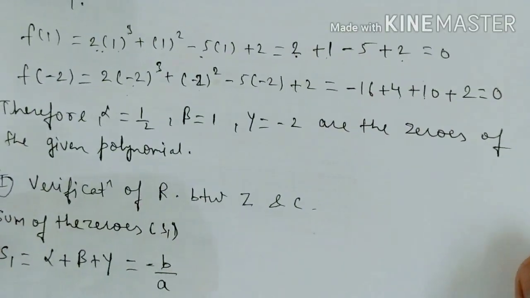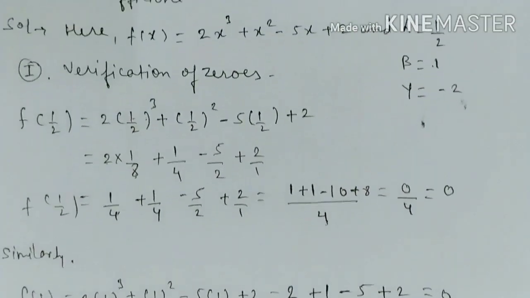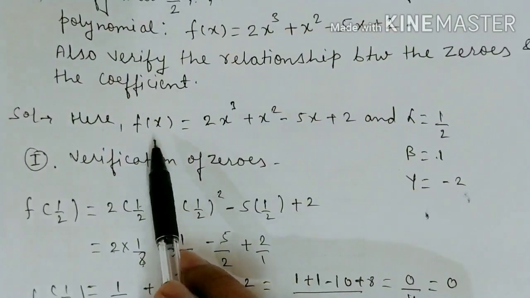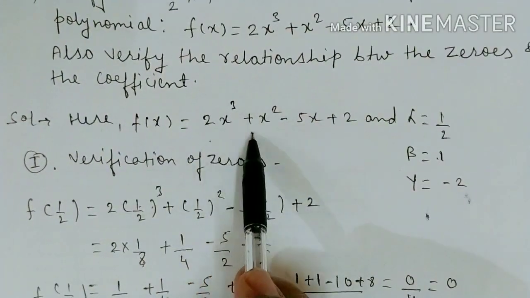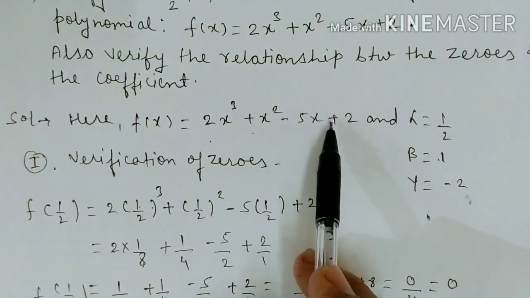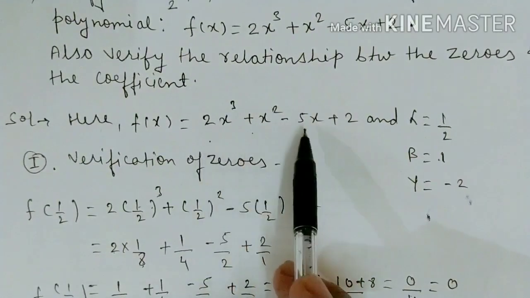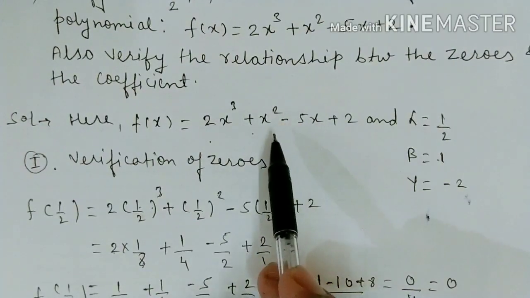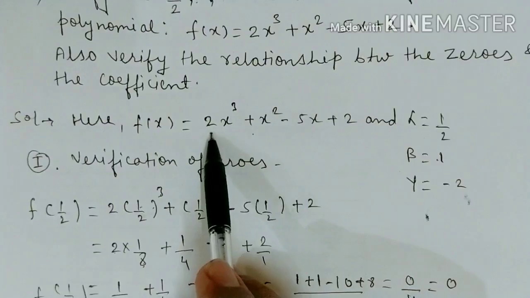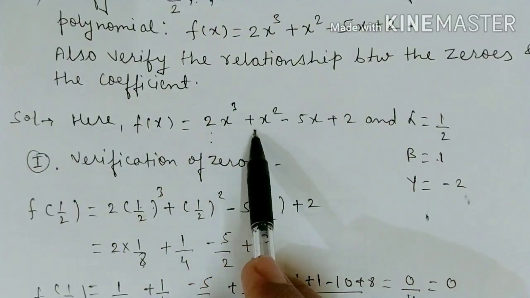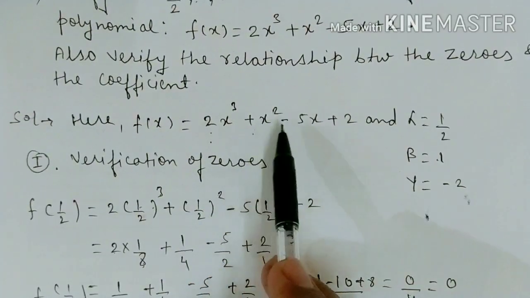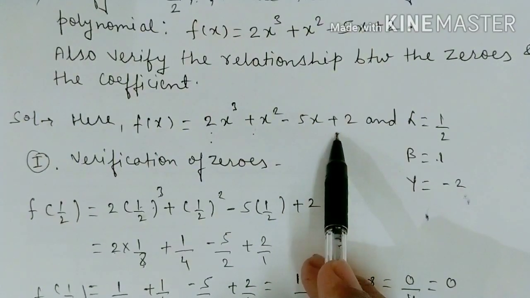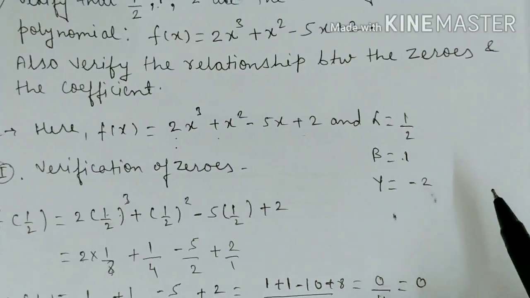See here in the question, what is fx? Equal to 2x cube plus x square minus 5x plus 2. If you compare this with standard form of cubic polynomial, you will be getting a equal to 2, b equal to 1, that is coefficient of x square, c equal to minus 5, and d equal to plus 2.